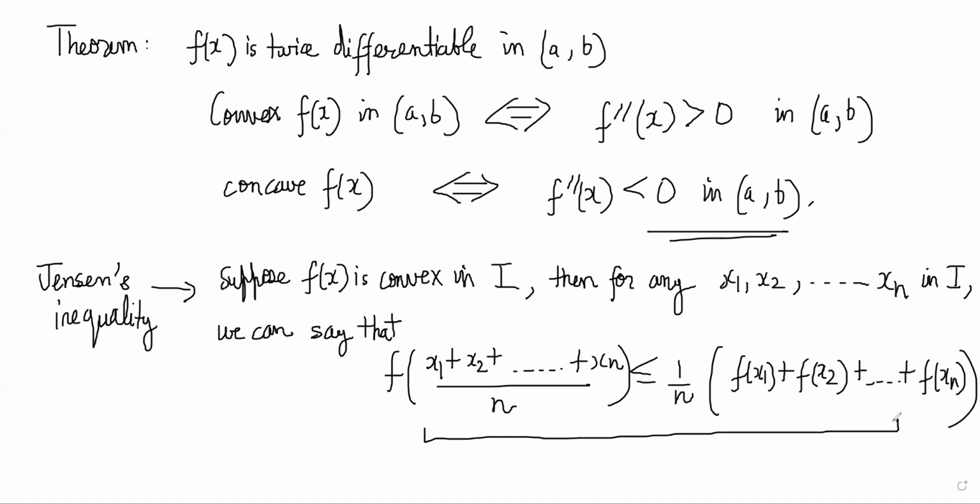So this is Jensen's inequality. And the equality here is valid when x1 is equal to x2 till xn. When all the points are identical, then we have the equality. For concave functions, the inequality sign is reversed, right?